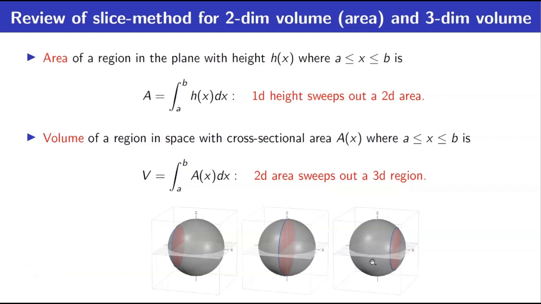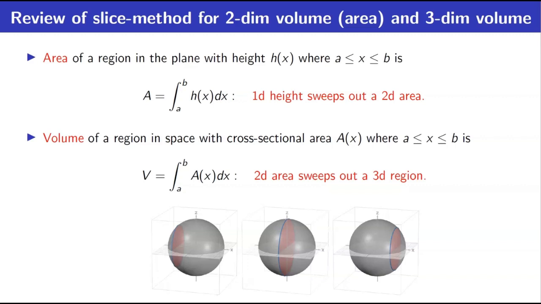We're going to quickly review the slice method for 2D volume, which is area, and 3D volume. The area of a region in the plane with height h of x, as x varies from a to b, is just the integral of h of x from a to b. That is, we can say a one-dimensional height sweeps out a two-dimensional area.